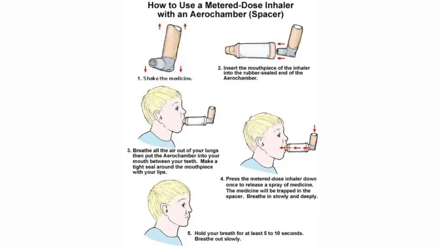The third step is that you will first exhale and then firmly press the lips around the mouthpiece of the spacer device. Then the next step is that you will press down the inhaler, and after pressing down you will slowly take a deep breath in, keep the breath inside for about 10 seconds, and then exhale.